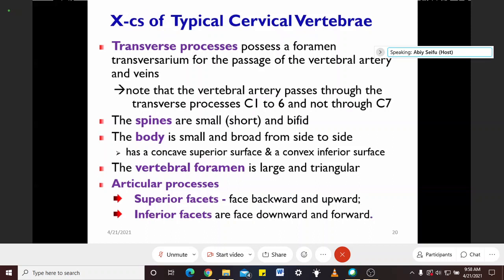Again, the body is rectangular in shape, and the superior surface is concave, whereas the inferior surface of the body is convex.